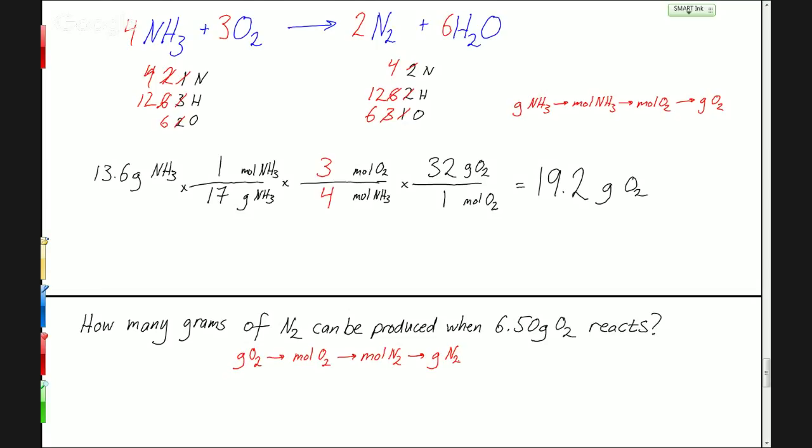So set it up in the same way and see if you can solve that.